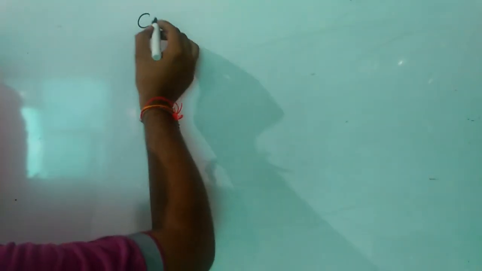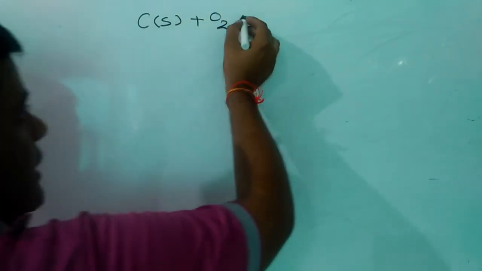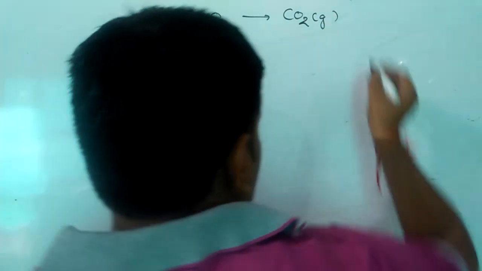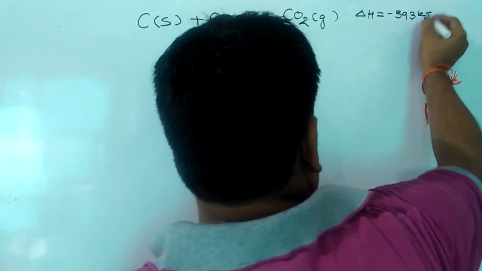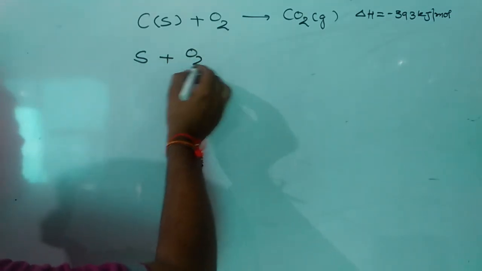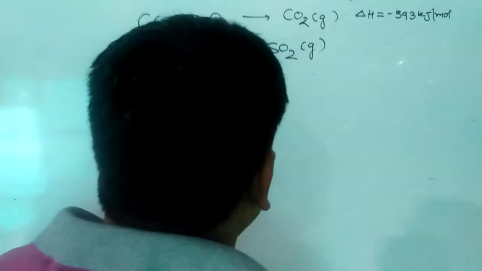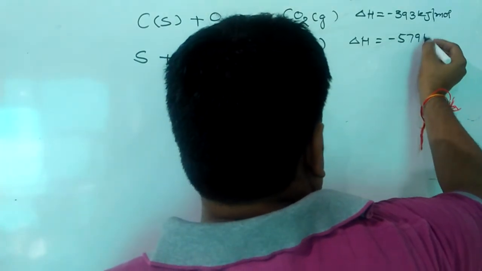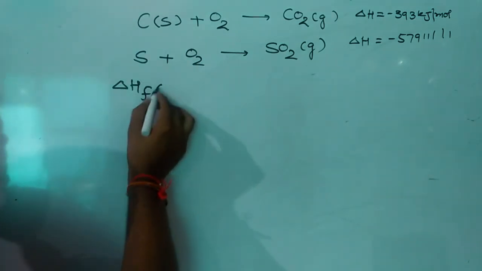Next one is carbon solid plus oxygen gives CO2 gas, here delta H is minus 393 kilojoule per mole. Next one is sulfur plus oxygen gives SO2 gas, and enthalpy is minus 579 kilojoule per mole. We have to find out the enthalpy of formation of carbon disulfide.